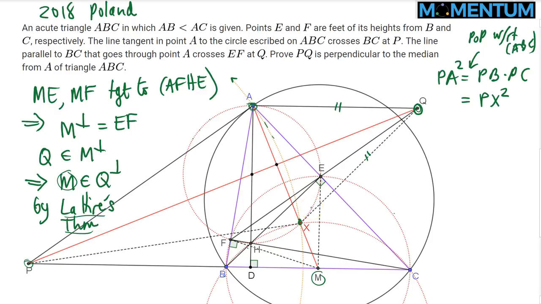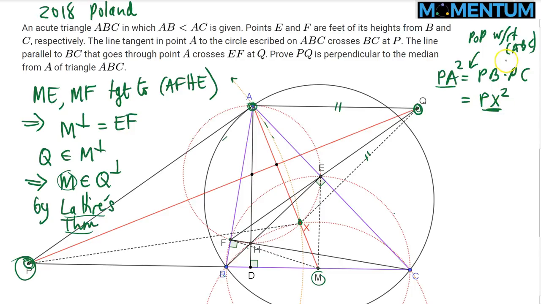If you wonder what that circle is, you can check different websites like AoPS, but it is a very well-known circle, and the center of that circle happens to be where the tangent at point A to the circumcircle of ABC hits BC, which is the point P. So P is the center of that Apollonian circle, and that implies that PA must be equal to PX because both A and X are on that circle. Therefore, PA squared must be equal to PX squared.